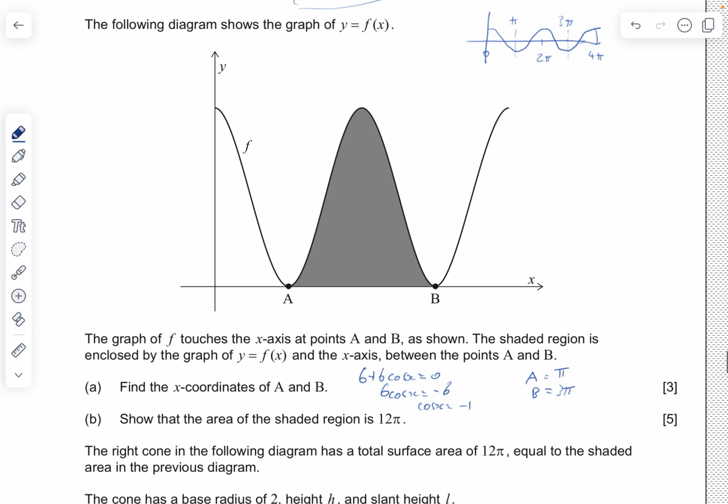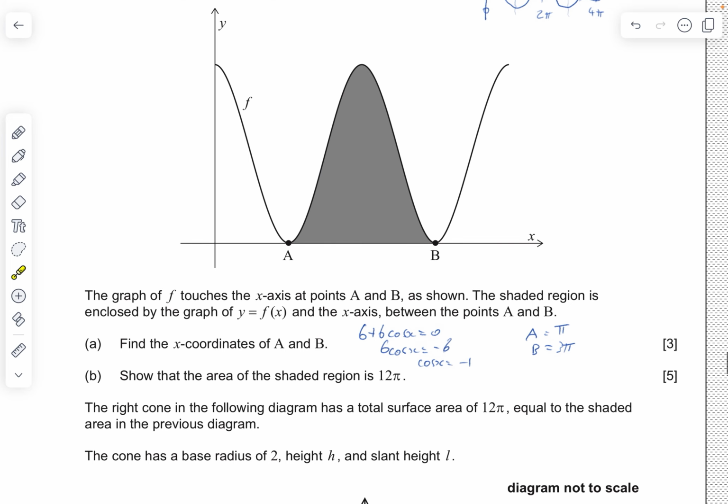Show the area of the shaded region is 12 pi, so I want the area of this. Well, that's a nice curve, and we're finding the area under a curve, so I can just integrate. So we do the integral between 0 and 3 pi of 6 plus 6 cosine x dx.